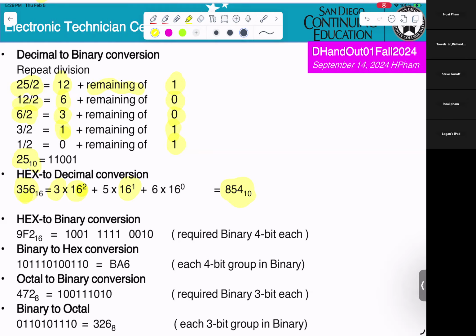And now, hex to binary. If you get a number 9F in base 16, that means you have that number in hexadecimal. If you want to convert it to binary, first thing, you convert number 9, that is number 9.